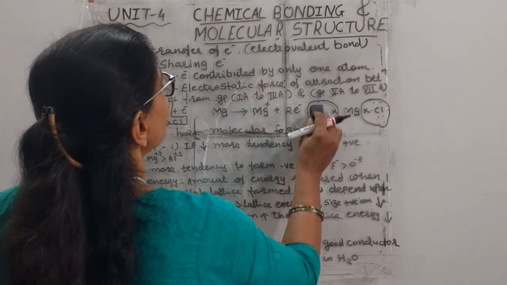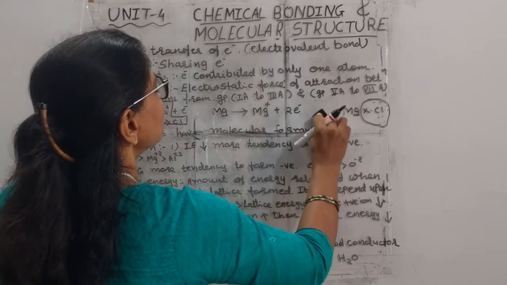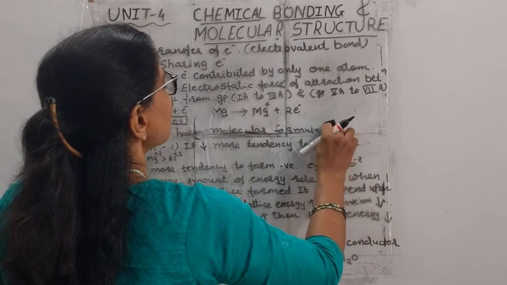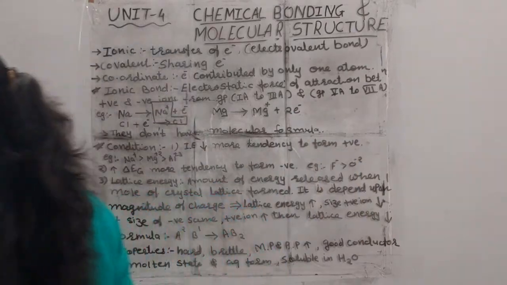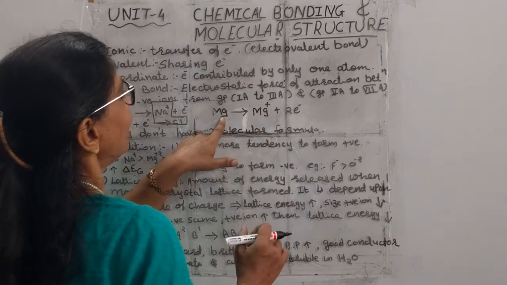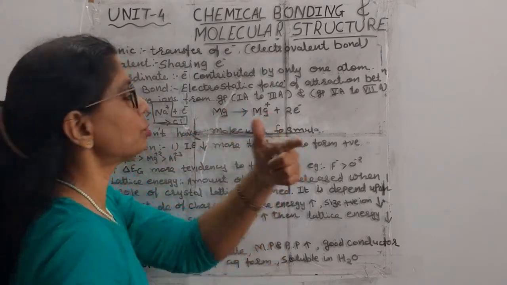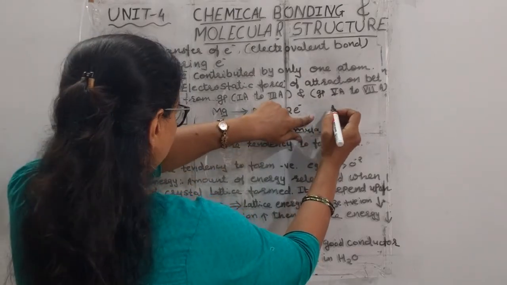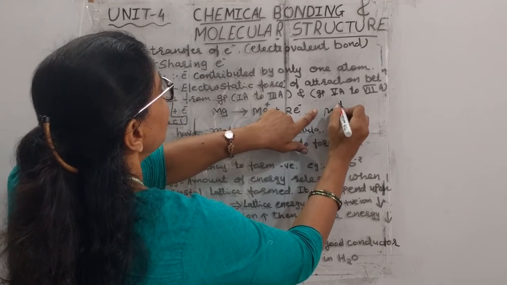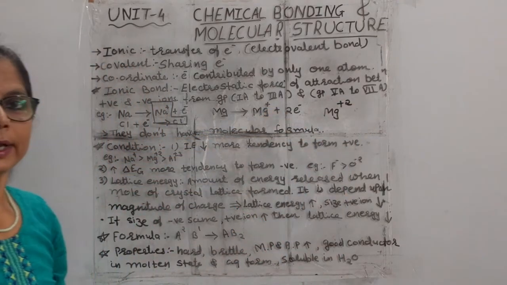Now how to write the formula for this? As I said, ionic compounds have only the empirical formula. They don't have the molecular formula, students. This is very important. So Mg has given 2 electrons, so if you write this, Mg 2 plus, correct?